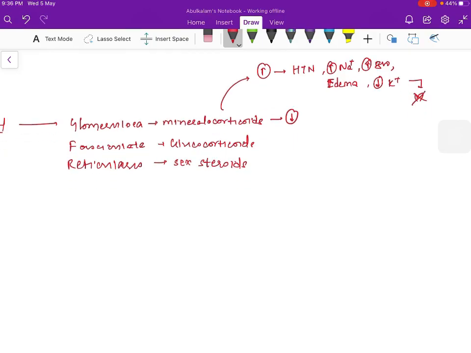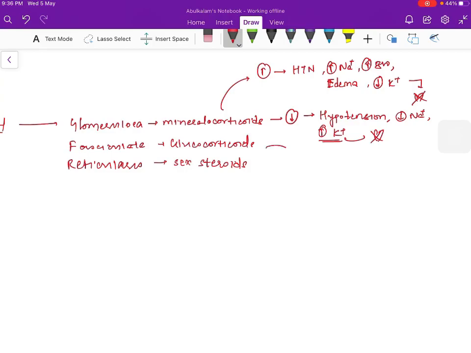Before moving on to glucocorticoids, if they are decreased, the reverse will happen, that is hypotension, decreased sodium and increased potassium, which is one of the main reasons causing arrhythmia again. So potassium level alterations can cause arrhythmia, right? Basically, increased potassium is the one which is more significant in causing arrhythmia.